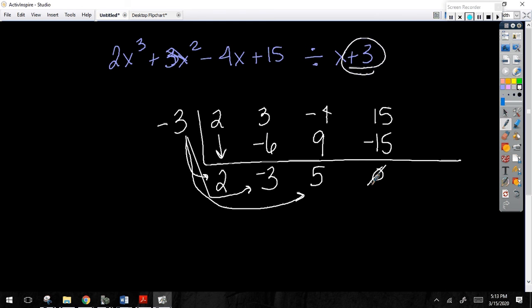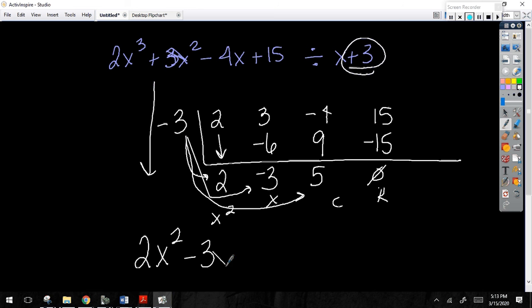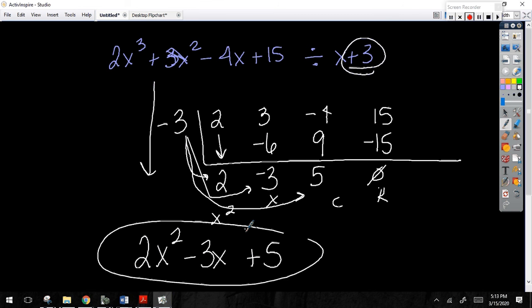I need to do one where you get a remainder so you can see. But whenever I divide, remember remainder, constant, x squared. If I had another one, it'd be x cubed. So when you divide these, you get 2x squared minus 3x plus 5, no remainder.